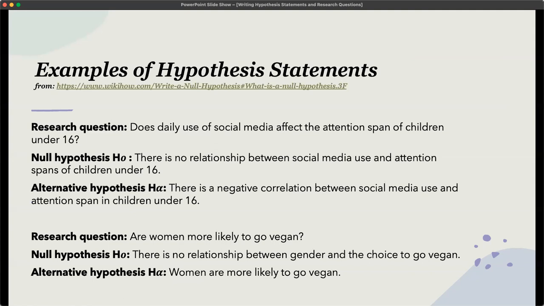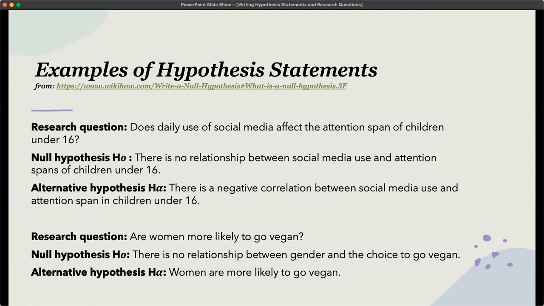So here's some examples, and there's a website link right on this page here of where I got these examples from. So the research question, does daily use of social media affect the attention span of children under 16?